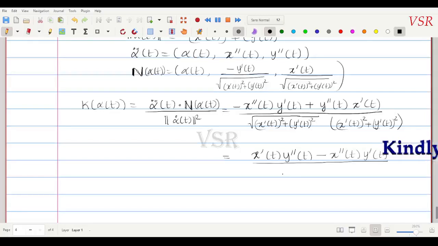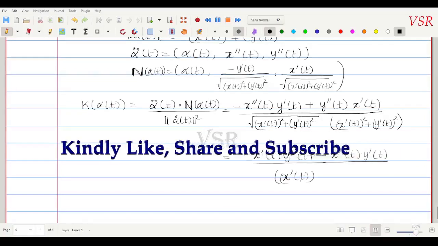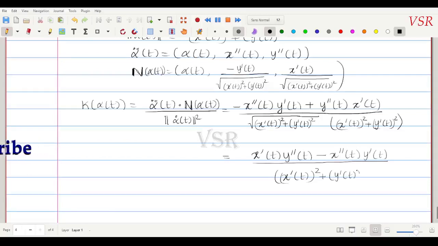Then I will write x dash of t the whole square plus y dash of t the whole square, the whole power 3 by 2. Okay, so that is the value of kappa of alpha of t. Okay, so we have proved the theorem.